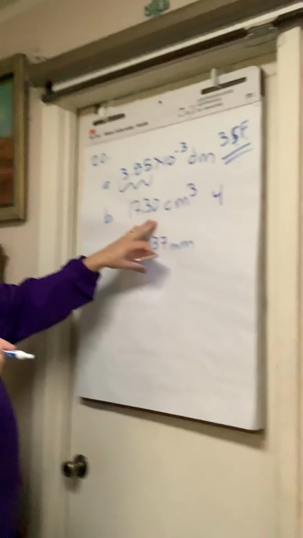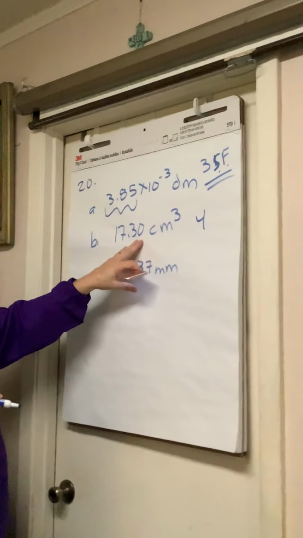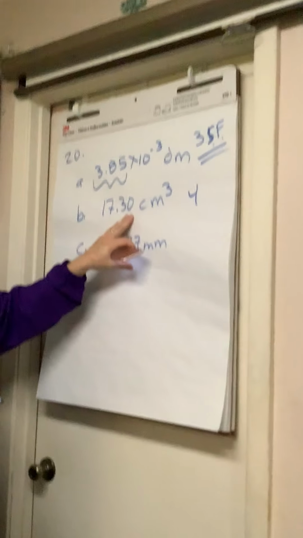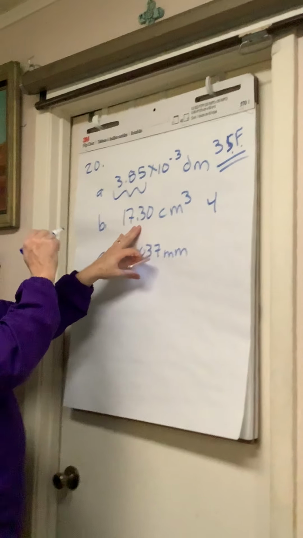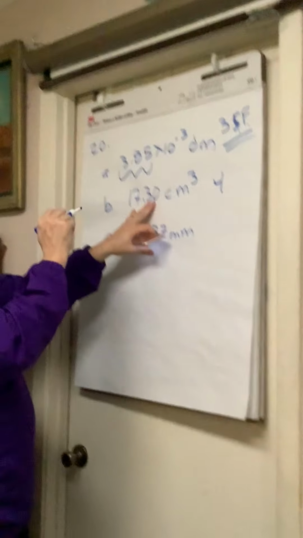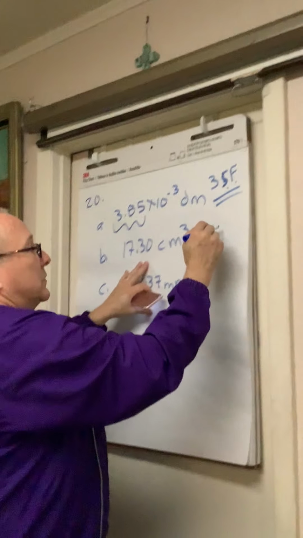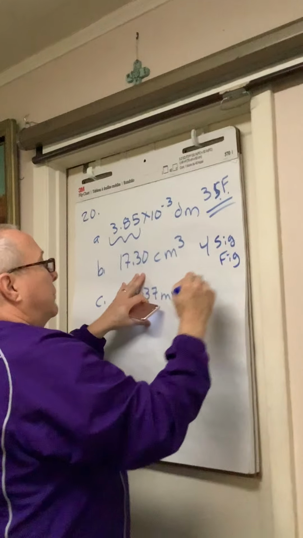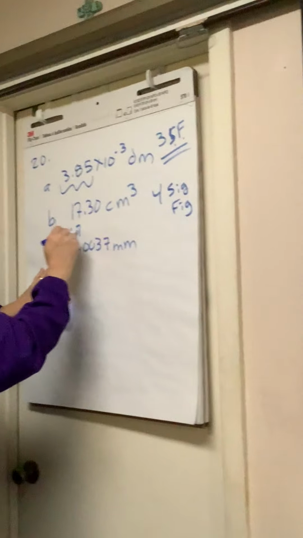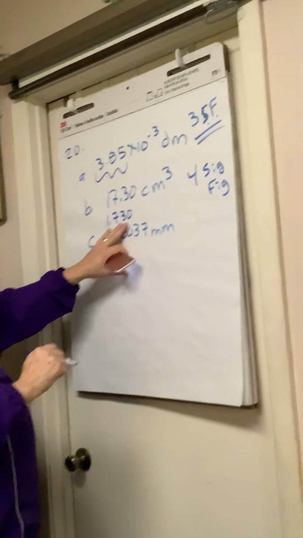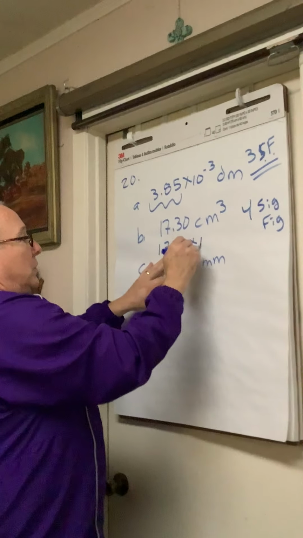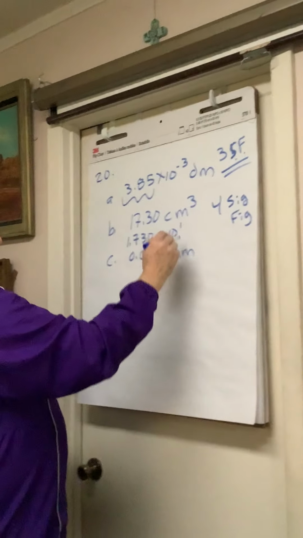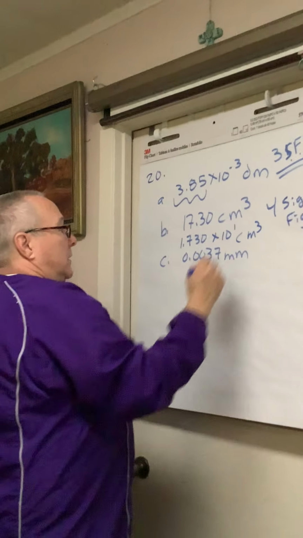I just remember this: they would not have reported that zero if they weren't able to accurately measure it and tell the difference between 17.29, 17.30, and 17.31. So 4 sig figs for this one, although in scientific notation it is 1.730 times 10 to the 1. Don't forget the units, cubic centimeters.